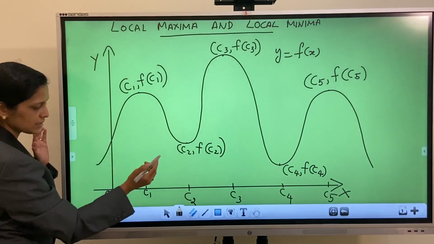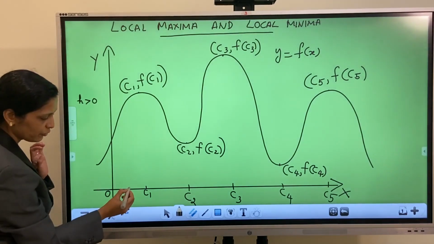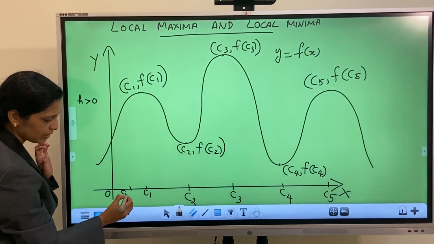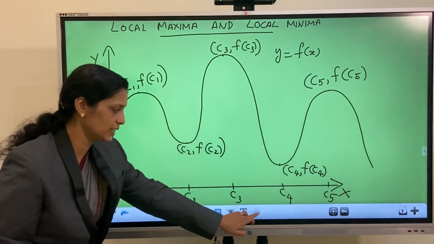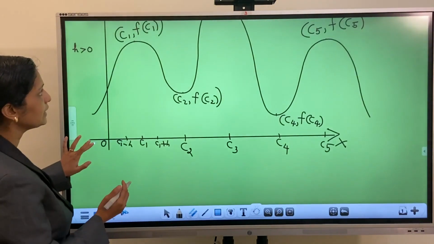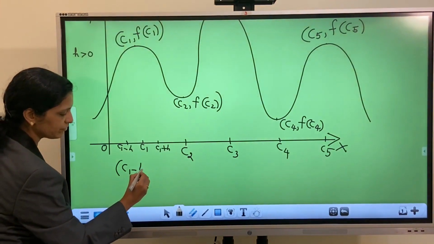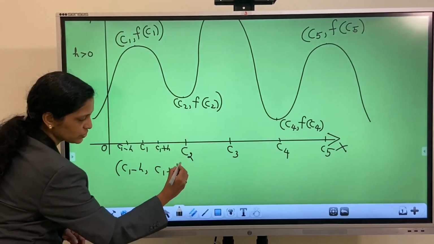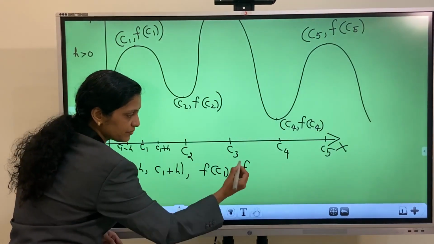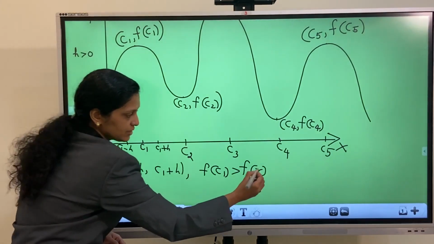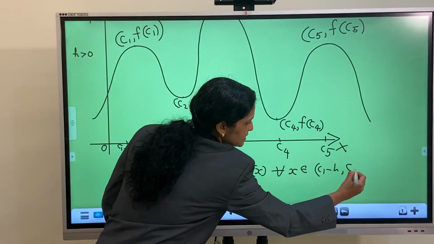And if you consider this region, for a very small value h greater than 0, marking in the graph the values C1 minus h and C1 plus h, we can say that in the interval C1 minus h, C1 plus h, f of C1 is the greater value, that is, f of C1 is greater than all f of x for all x belonging to this interval C1 minus h, C1 plus h.